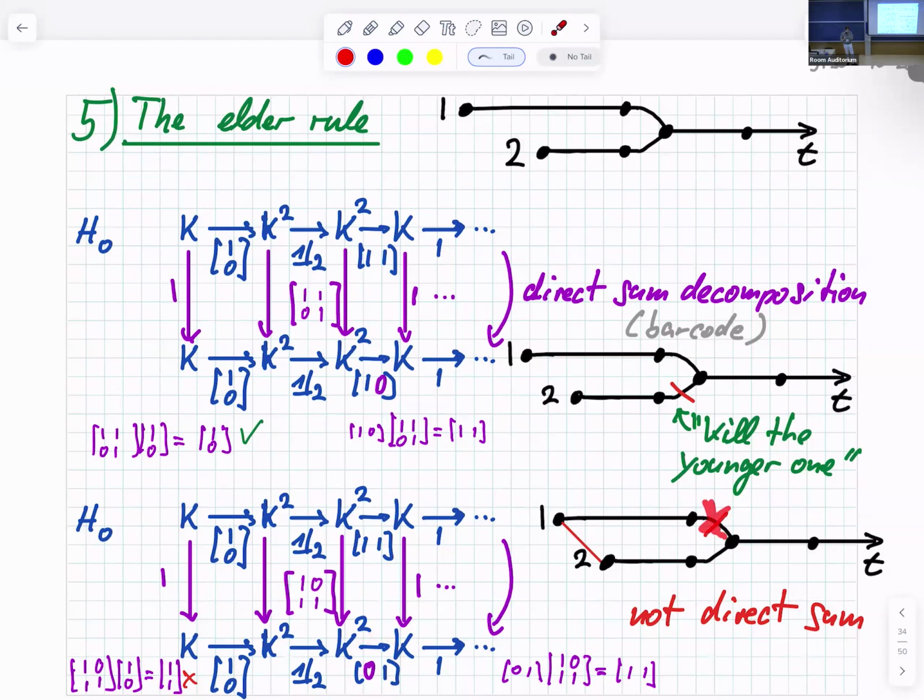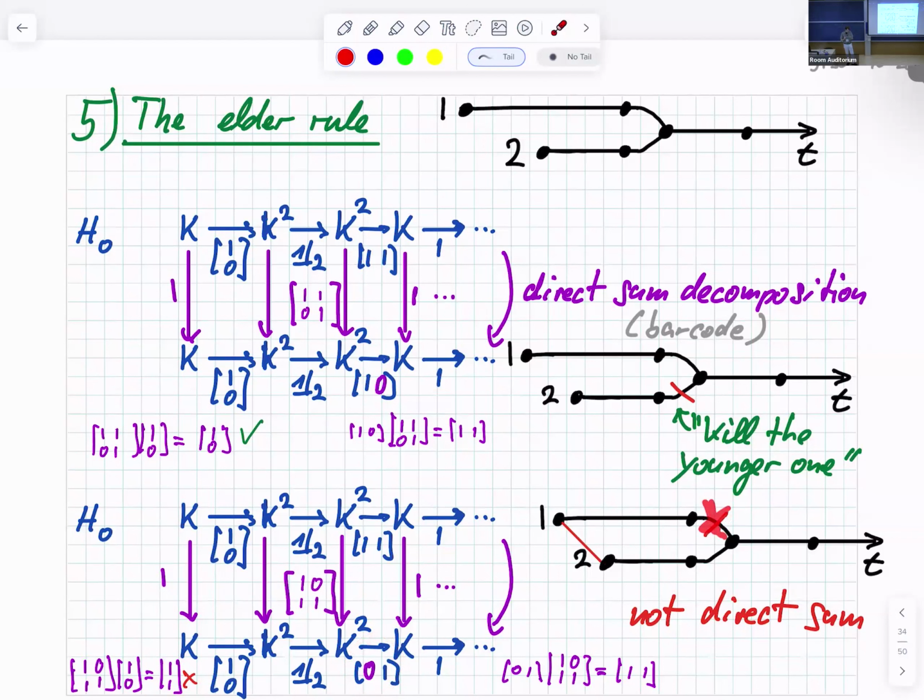So we clean up the situation here, but then we create another edge here. This is just not a direct sum. So if you want to get a direct sum, this is what you have to do. That's the bottom line. Okay, that's good. So I think this is the explanation of the elder rule. Everybody agrees? Okay, perfect. A good rule. Yeah, good. So this was this. Thank you very much.